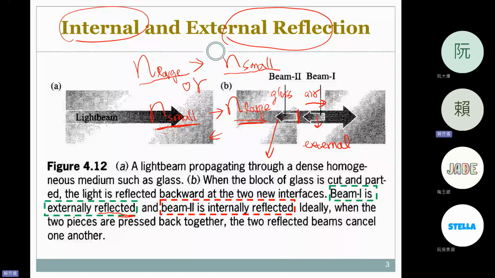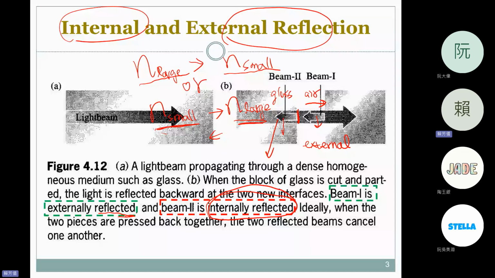And this reflection we call internal reflection. Why do they separate these different situations? They just want to clarify whether the light is reflected by the n small or by the n large medium than the original medium, and different things will happen in these two situations.